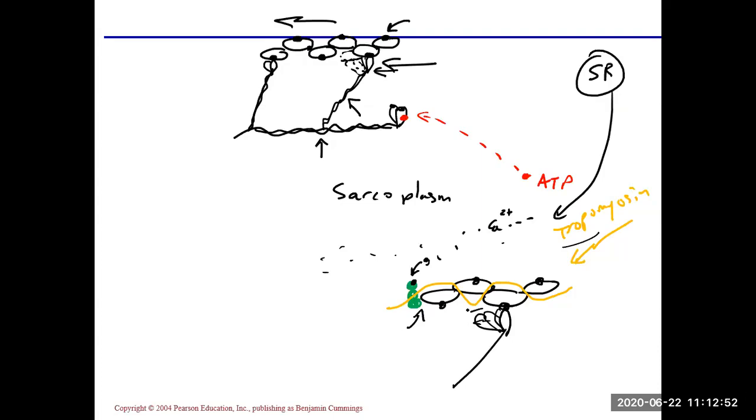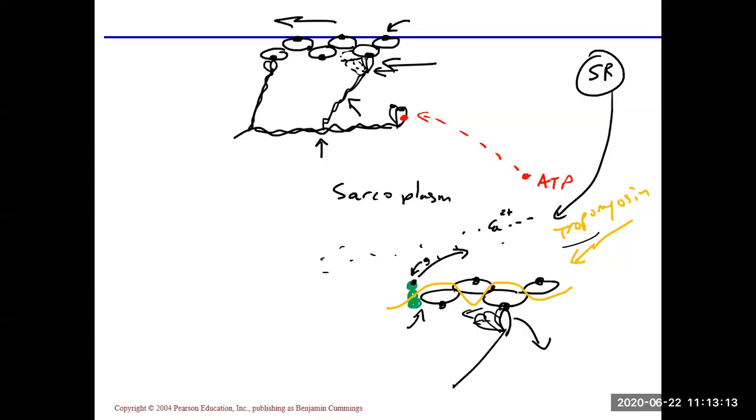It can move and tilt the neck so that way it can go. Now, if you remove this calcium back up, the same thing is going to happen in reverse. The tropomyosin is going to cover the binding site, this head is going to go back down, and the tropomyosin is going to go back to the original formation.